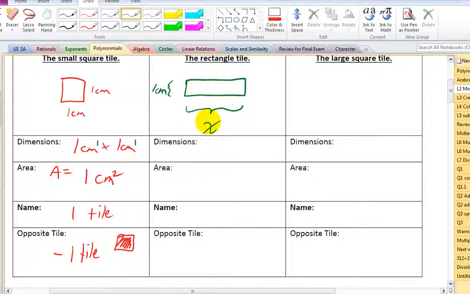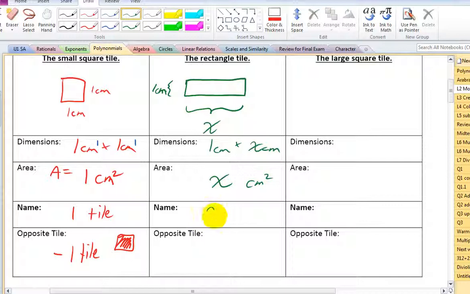No. X, because we don't know. So the dimensions are actually 1 centimeter times x centimeters. What's 1 times x for the area? 1x centimeters squared.